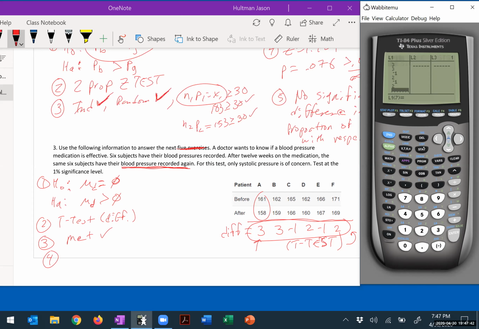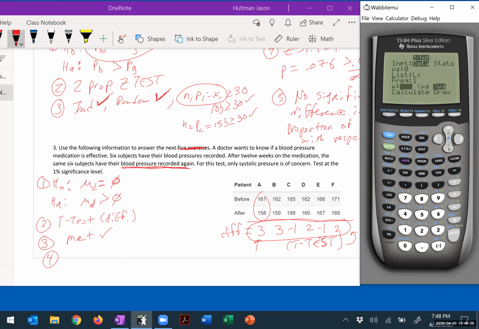So I'm going to go to stat, tests, and this is just a normal t-test. What's mu sub 0? Well, it's 0. What's the list that I want to pull from? I put everything in list 1, so that's second 1.